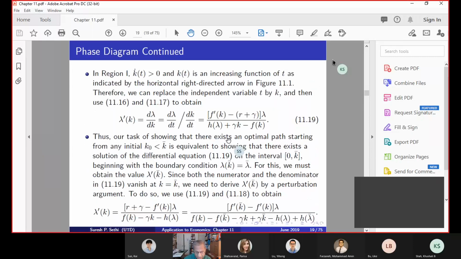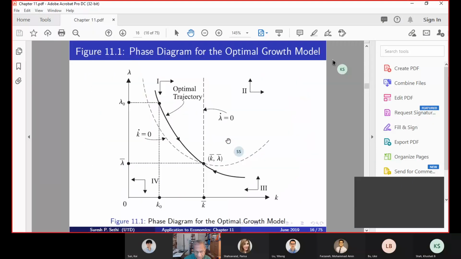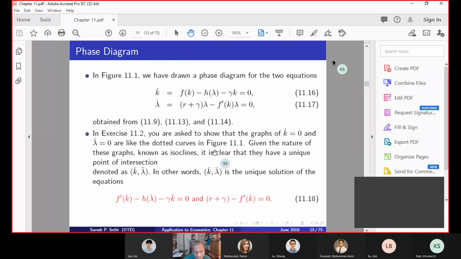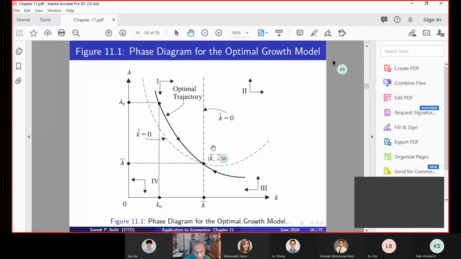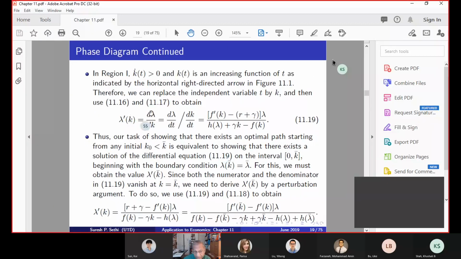Notice now, this is the argument that we have in the paper that we wrote recently for a more general model than this. So we are here now. And we find lambda prime k. Okay, it gives me the sign. It gives me the value by doing this.